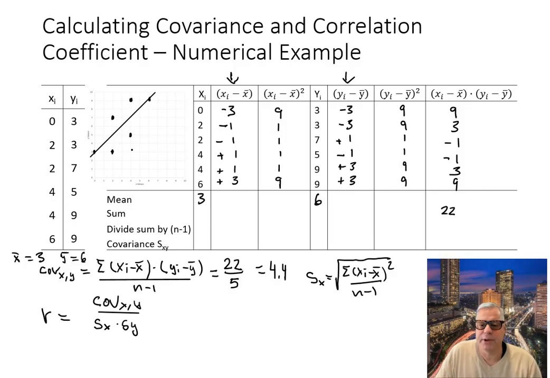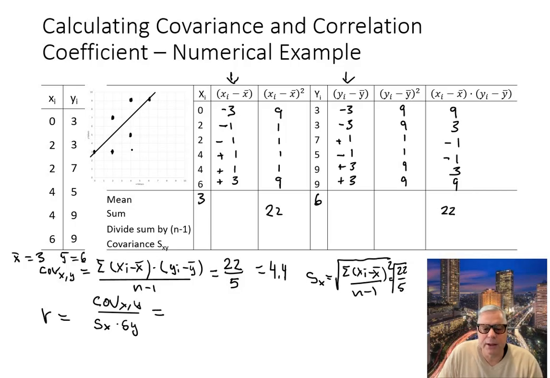We already have the squared deviations here, so that's 9, 10, 11, 12, 13, it's also 22. So that's 22 divided by n minus 1, so that is also 22 over 5. So that is the square root of 4.4.